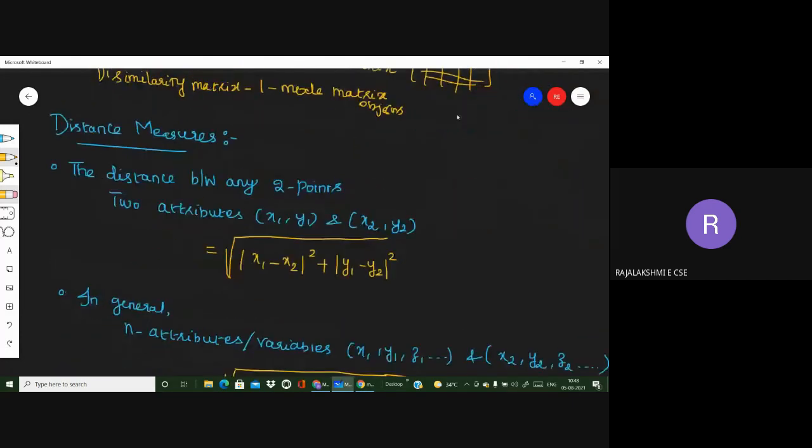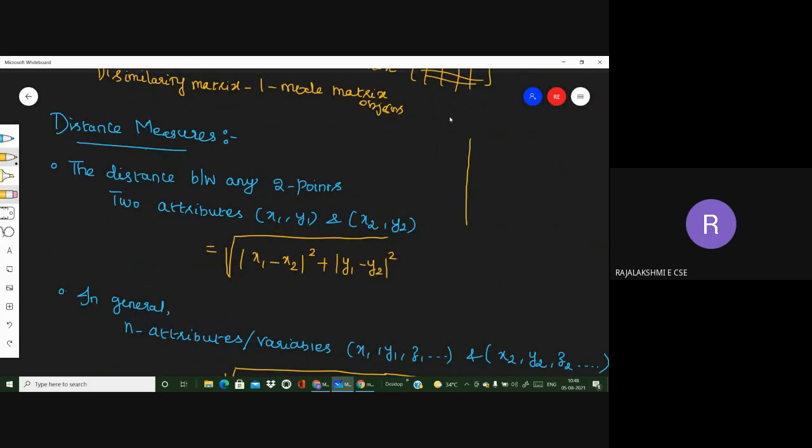Okay? Right. Fine. Now, I told you in order to form some clusters, we are just using what? The representation of data in a graph. Okay? In order to represent the distance between the 2 points, we have studied analytical geometry, a concept. The distance between 2 points can be easily represented by using one formula.